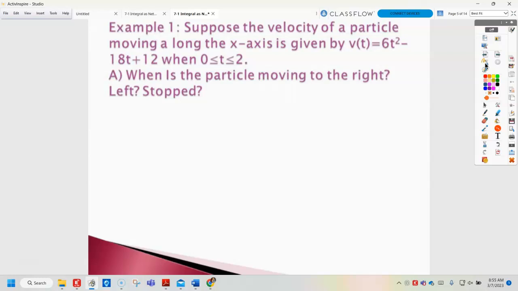So a particle is stopped when velocity is what? 0. So the first thing I want to do for this problem is to find when velocity is 0, because when velocity is 0, the particle is stopped.